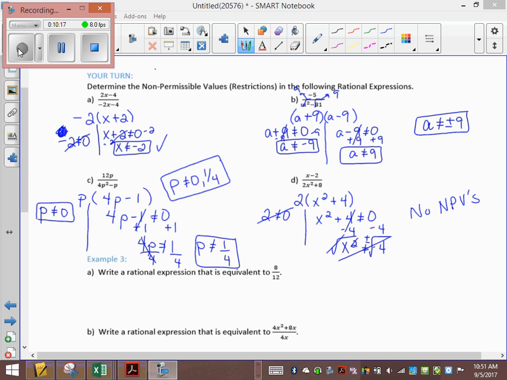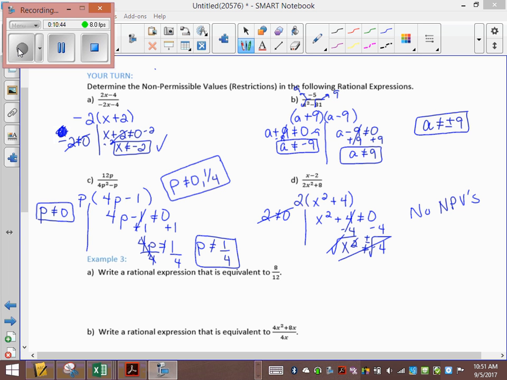Any x value I fill into this squared, whether it's a positive or negative value, if I square a positive or negative value, what do I get? A positive. So if I square a -1, it's positive. If I square a -12, it's positive. If I square a +4, it's positive, right? So if I go 2 times any positive number, will it ever cancel off +8? I need that +8 to go away because I need the denominator to be 0 in order to get an NPV.